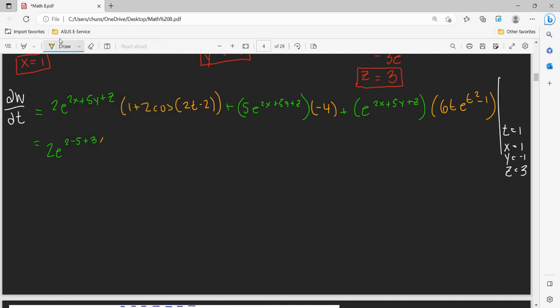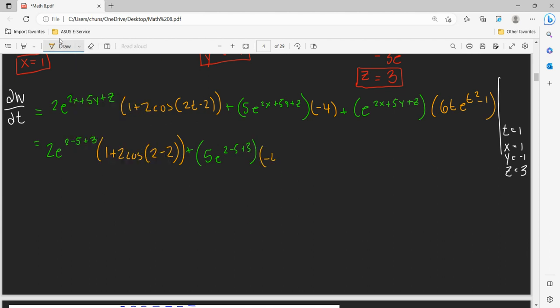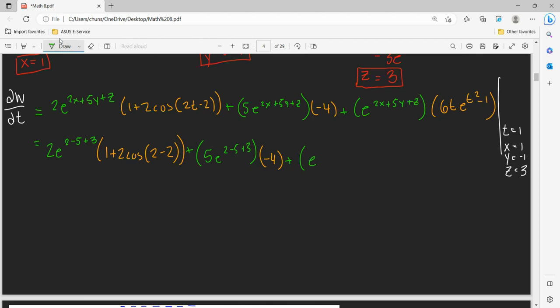Okay, and then we have 1 plus 2 cos, and this is 2 minus 2 when we plug in for t, plus 5, and this is e to the 2 minus 5 plus 3, then -4, plus e to the 2 minus 5 plus 3, and our last term, so this is 6e to the 0 when we plug in for t.